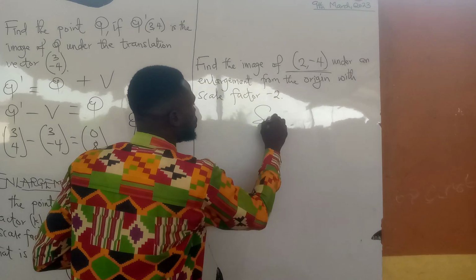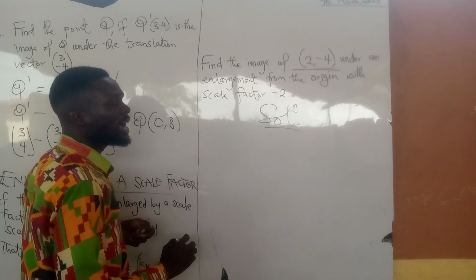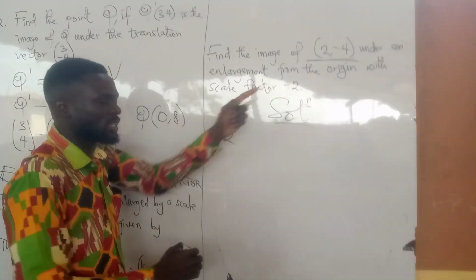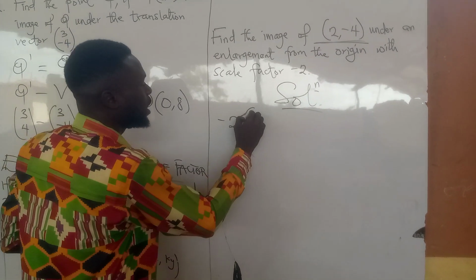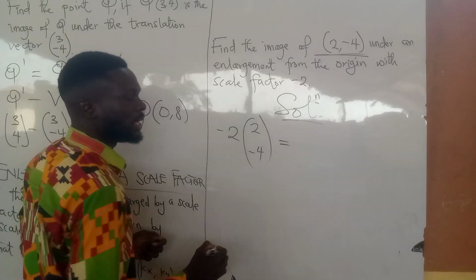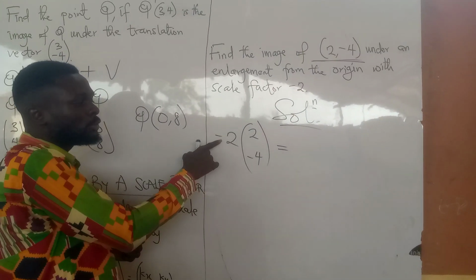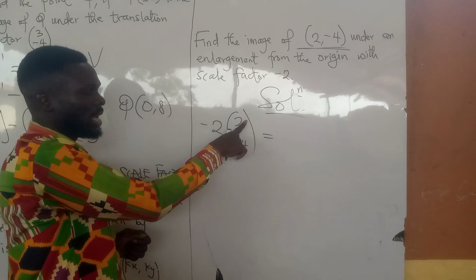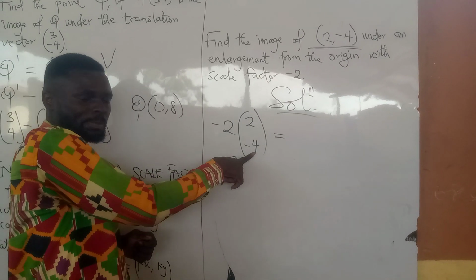So the scale factor k, which is -2 from the question, will multiply both 2 and -4.